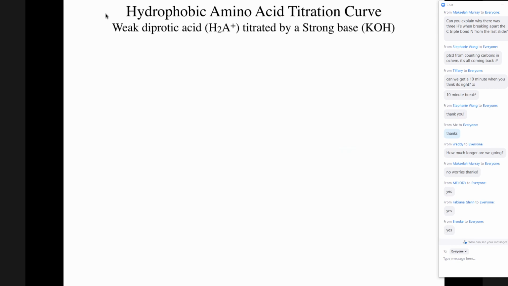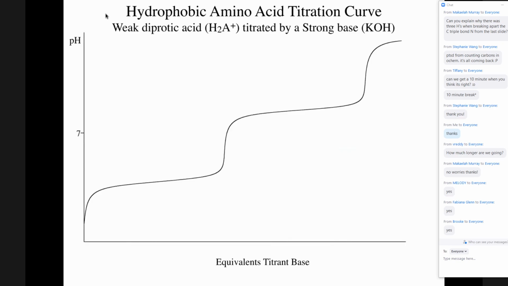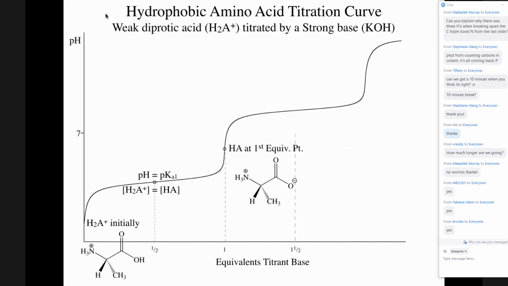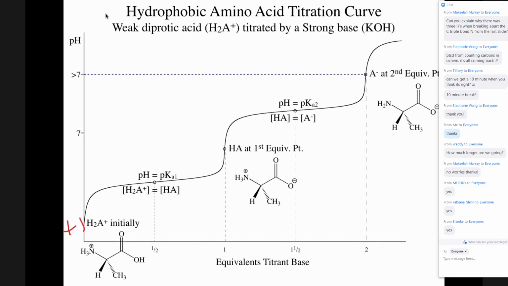Okay, so let's consider just plain old run-of-the-mill amino acid. I pick alanine because it's easiest to draw the side chain. But overall, when fully protonated, it is +1. This point it's 0, and this point it's -1.